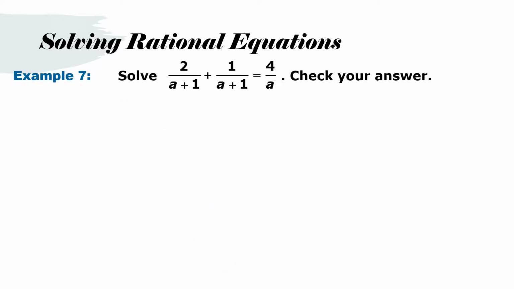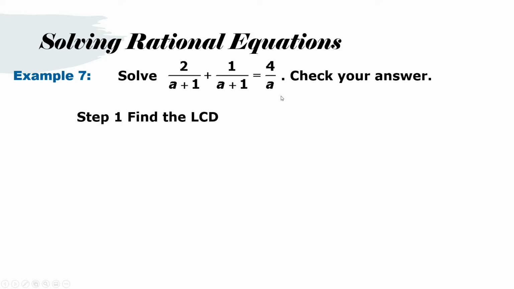Another example, we have 2 over a plus 1 plus 1 over a plus 1 equals 4 over a. In this case, we cannot simply use cross multiplication because we have a rational expression being added to another rational expression, and they are equal to another rational expression.